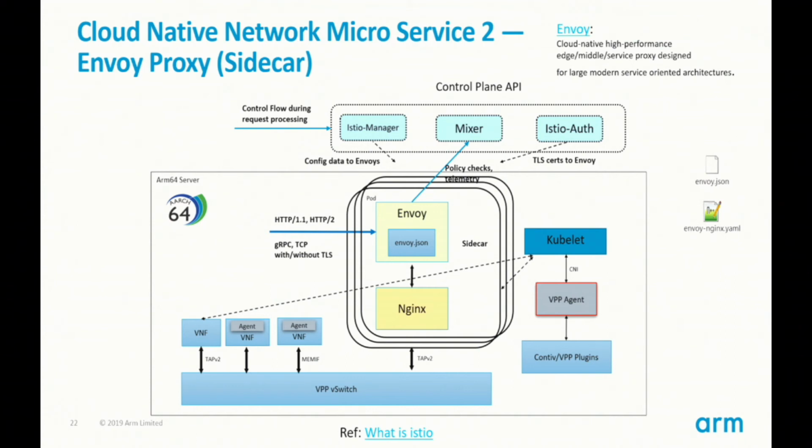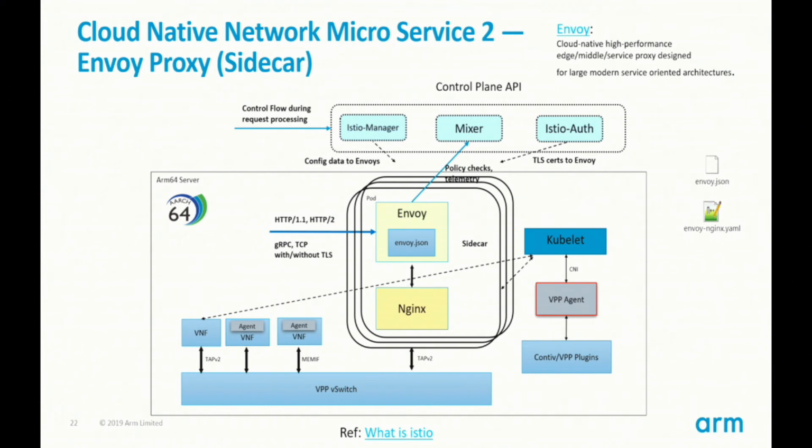On the control plane, there are 3 components: Istio manager, mixer, and Istio auth. Envoy uses a standard protocol to do the communication between the control plane and the data plane. So for Envoy, it is a standard implementation.